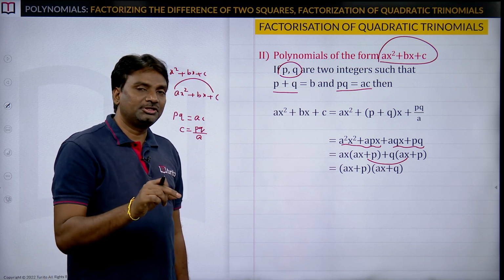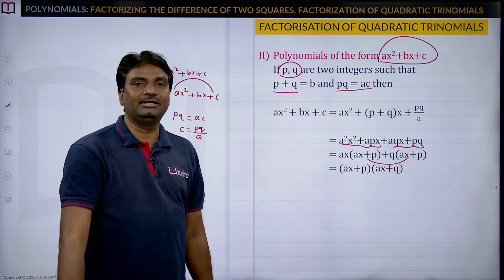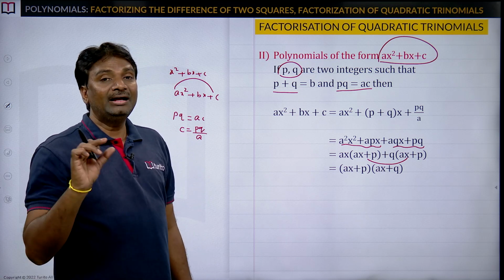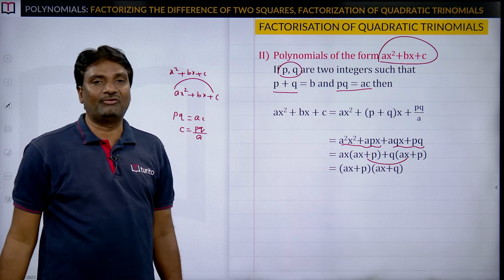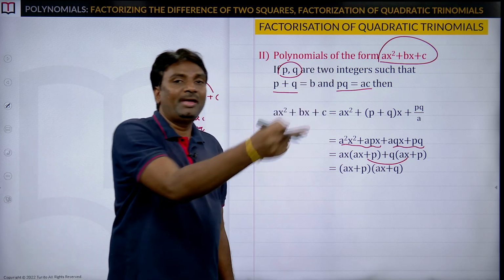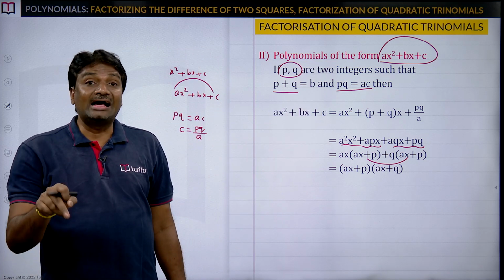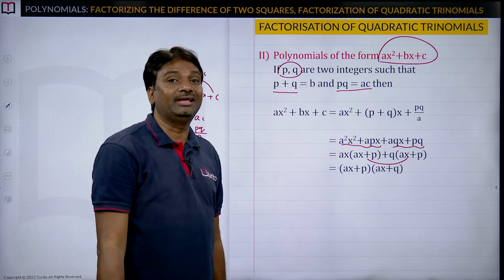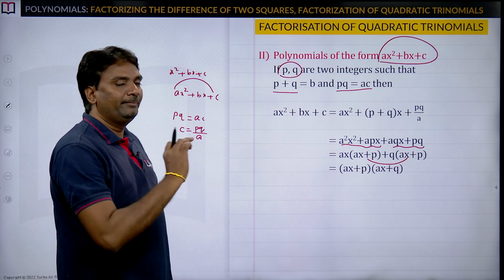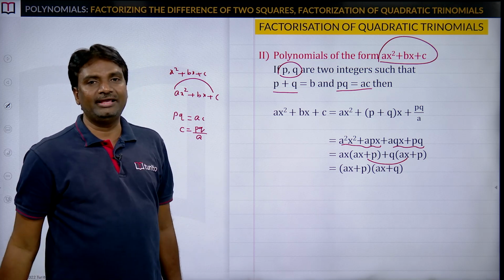So, we can do this in this way also, just like the previous problems. But in the previous form, the coefficient of x square is 1, whereas here you may have a coefficient of x square other than 1, like 2, 3, 4, 5, 6 and so on, or you may have negative numbers. In both cases you can follow the same process.